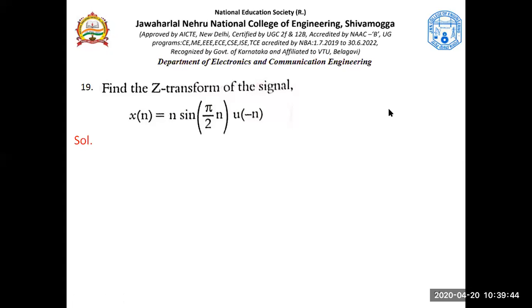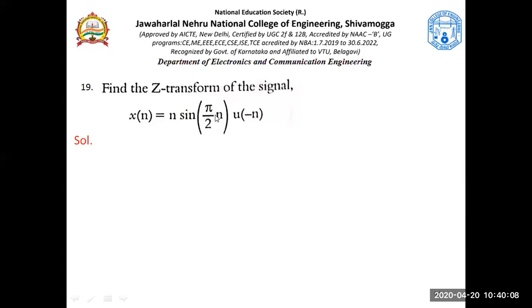With this not taken into consideration, it is the sine omega naught n u of n form. But in sine omega naught n u of n, this n is positive, this n is negative. Yes or no? So how to deal with that? How to make this minus n?